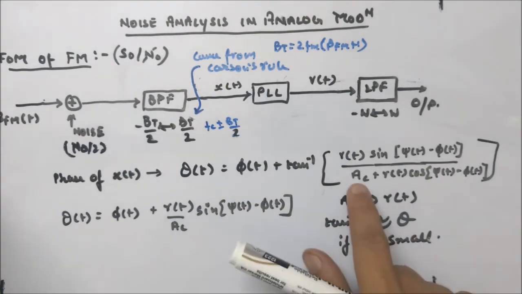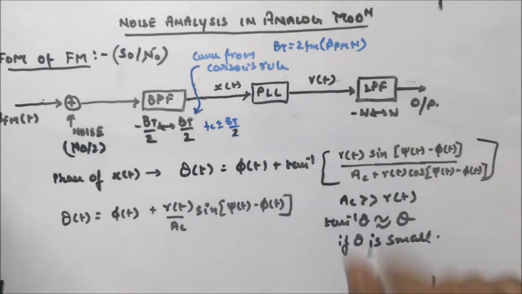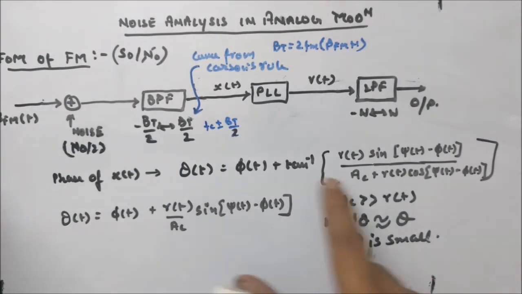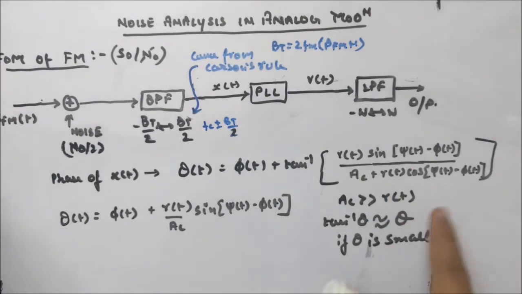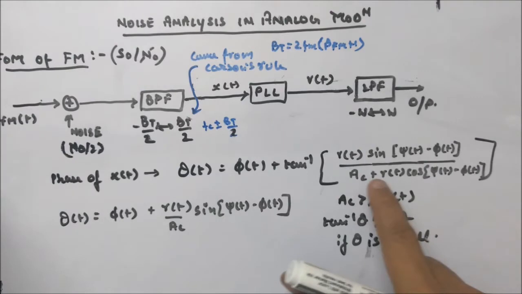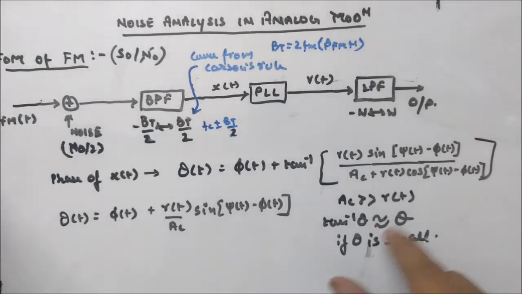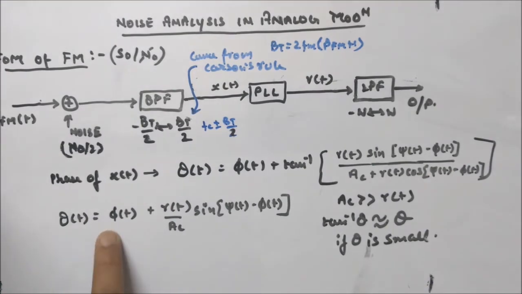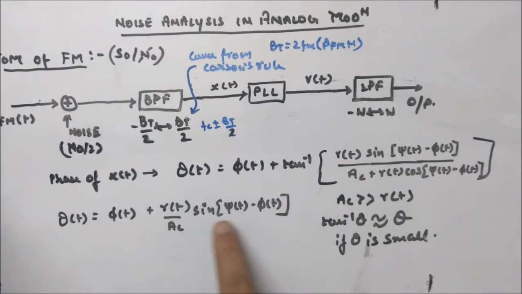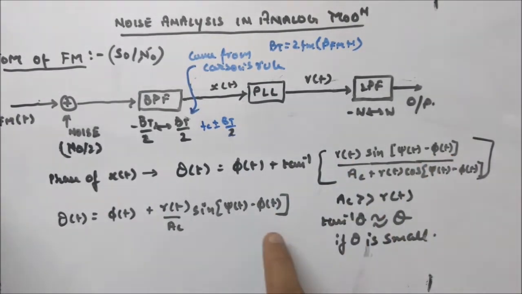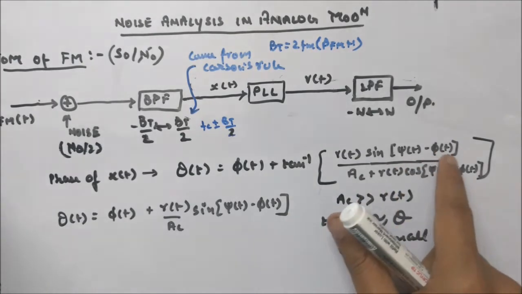Okay, so because of AC you will have this angle very small, and in that case you can write tan inverse theta approximately equal to theta. So this is the one approximation we do. The carrier signal's amplitude is way higher than R(t), and that is the reason you can make this approximation, and you will get finally theta(t) is equal to phi(t) plus R(t) divided by AC sine(psi(t) minus phi(t)).